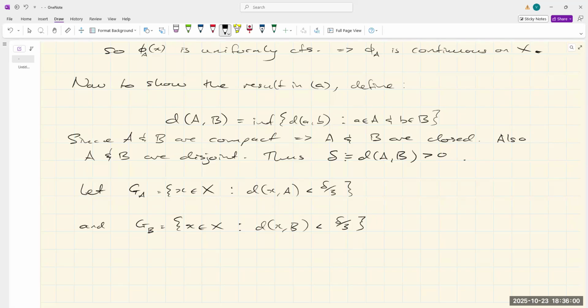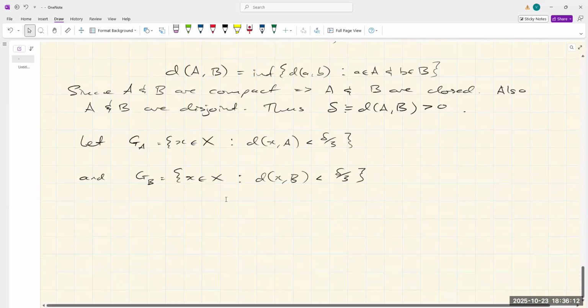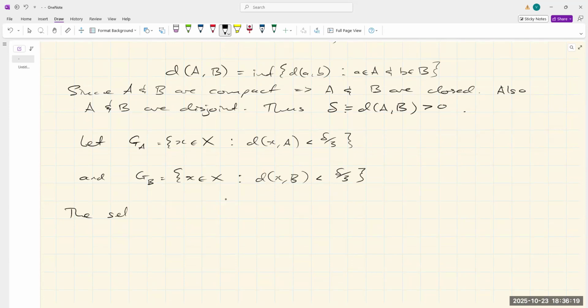Now comes what we just proved here, that the function phi A is uniformly continuous, which means it's continuous. So the sets GA and GB are open since they are the pre-image of open sets.